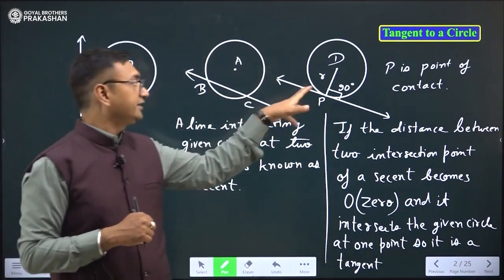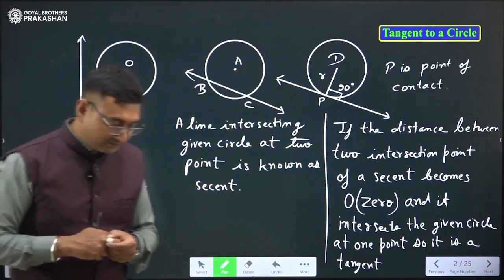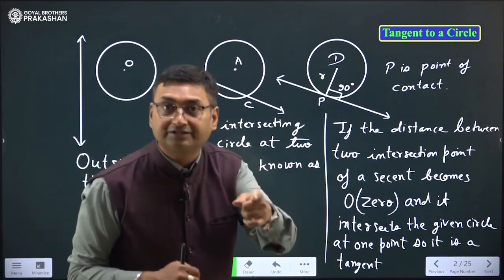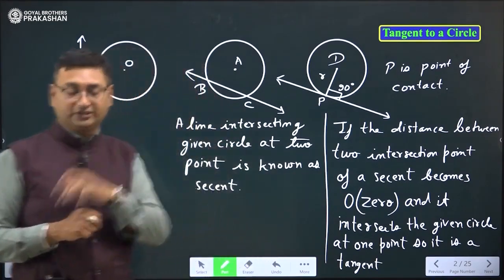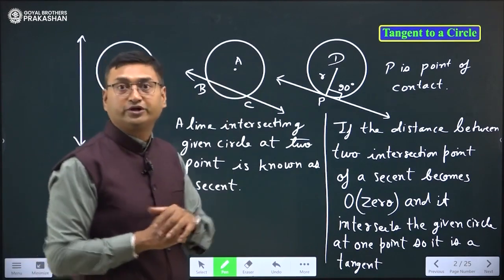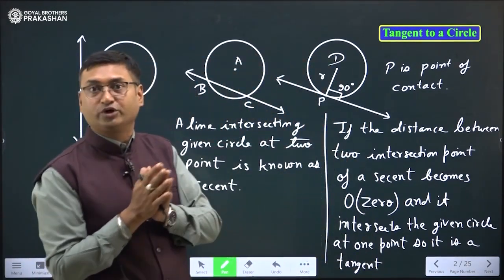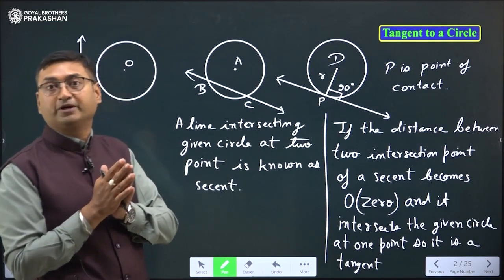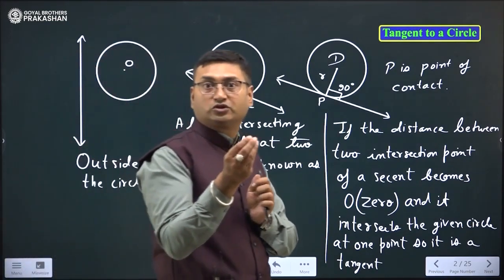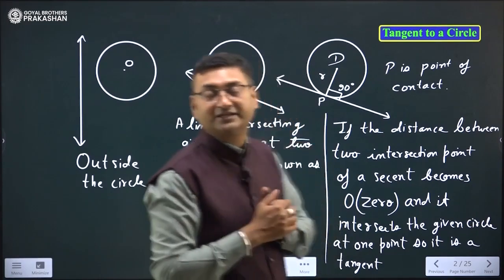Because the radius connects to the tangent at the point where the tangent intersects the circle, known as the point of contact. So if you see the angle between the radius and the tangent at the point of contact, it is always perpendicular to each other, or you can say it is always 90 degrees. Is it clear to all of you?